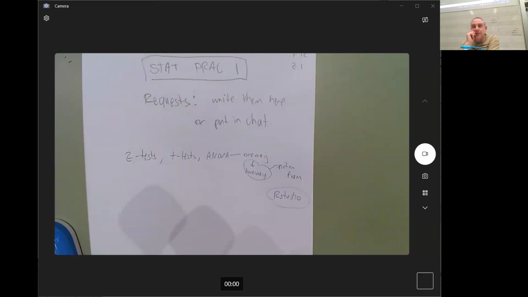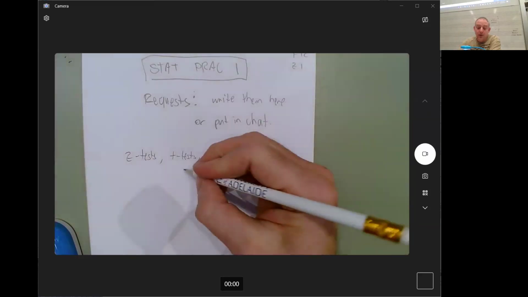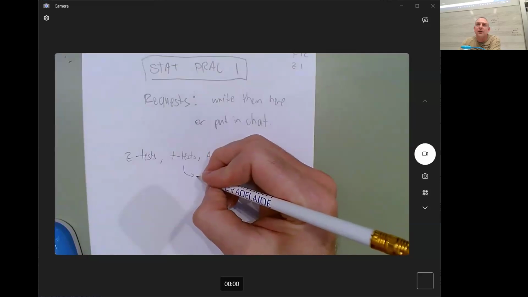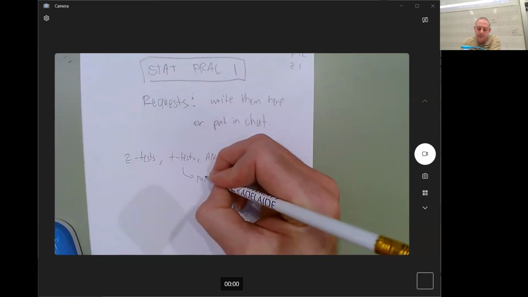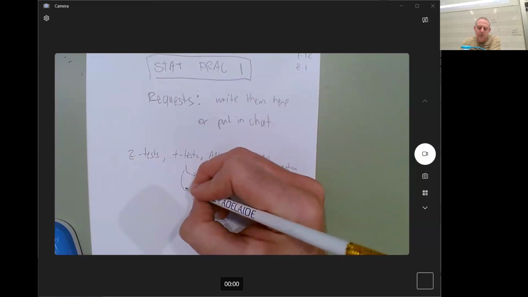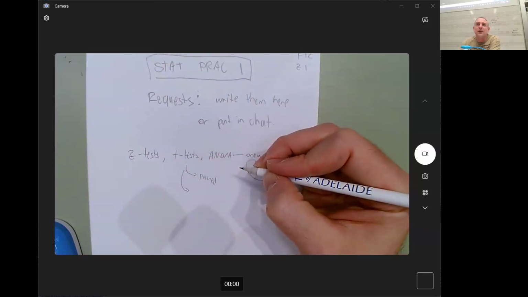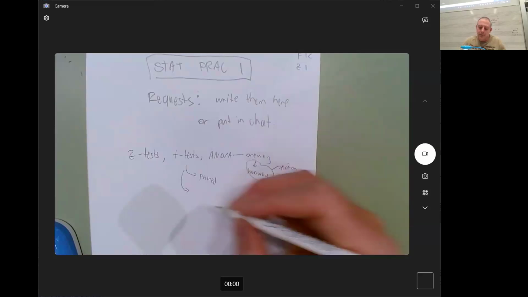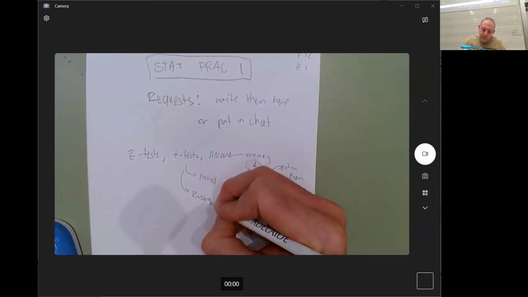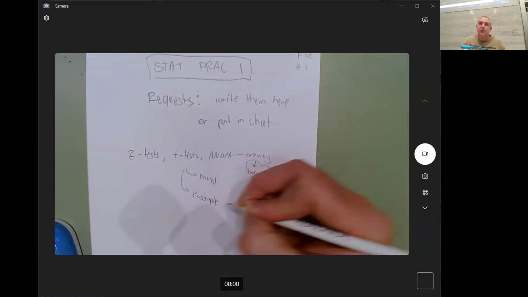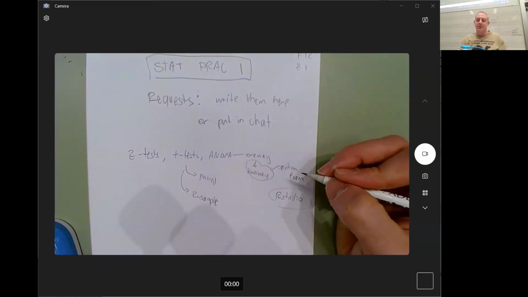Okay, so with the t-tests, I'm almost certain that you would have seen at least two flavors of t-test. There would have been a paired one. Is that right? And there would have been, they probably called it the two-sample t-test or the independent samples t-test. It's also in other courses called the independent samples t-test.